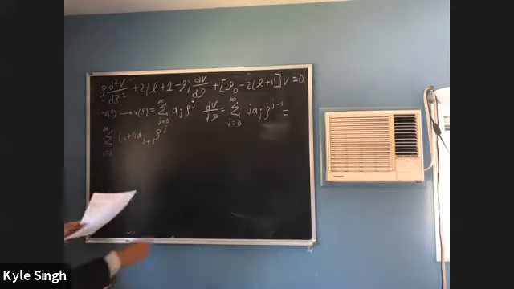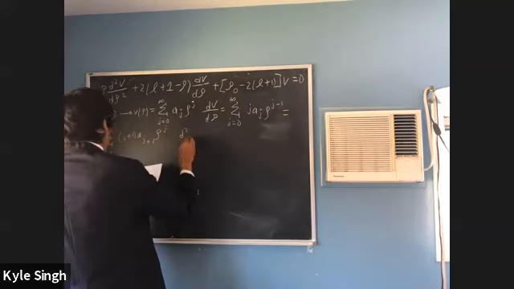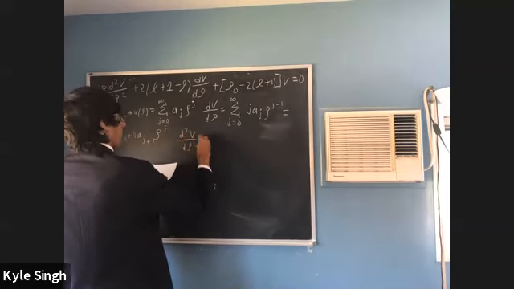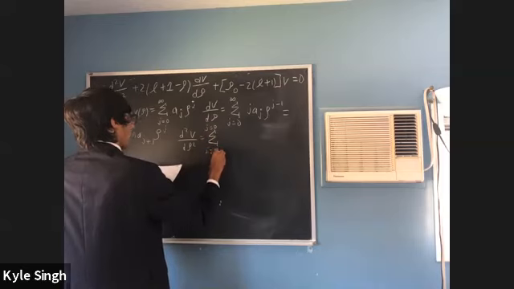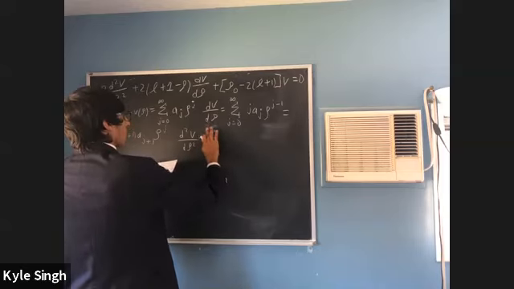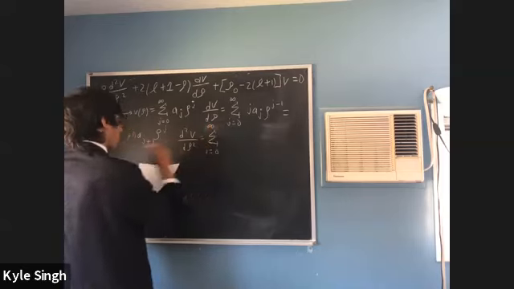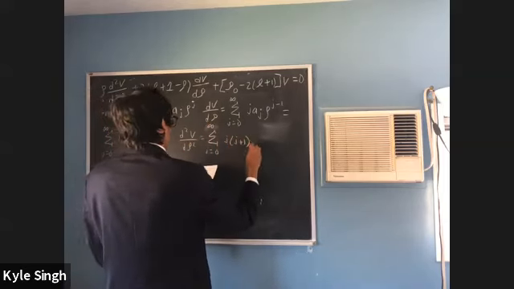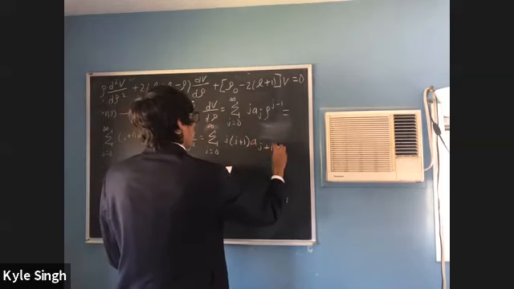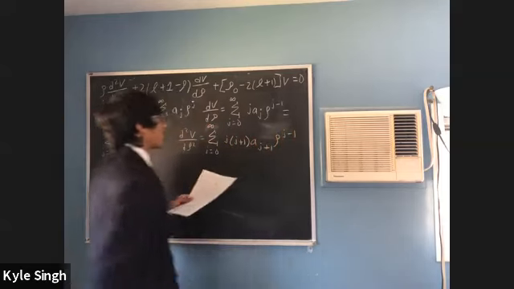Okay, let's take the second derivative of my power series. And I get (j plus 1) a_(j plus 1) rho^(j minus 1), again just using the power rule.